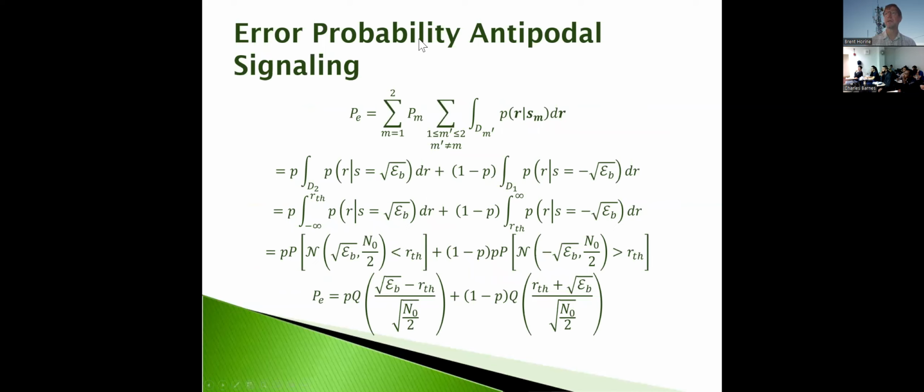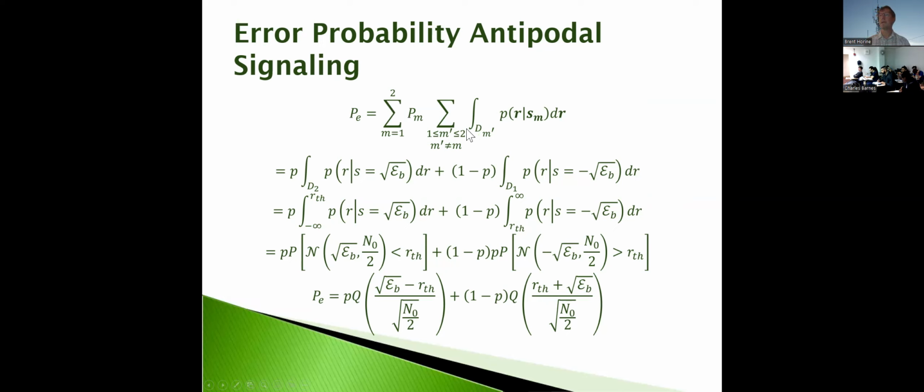All right, so let's again look at this antipodal signaling. We have two different symbols that can be sent, so we want to calculate the probability of error for both of those and then add them up, right? This is describing the idea that M is not equal to the particular M that we're examining in the particular term of this outer summation.